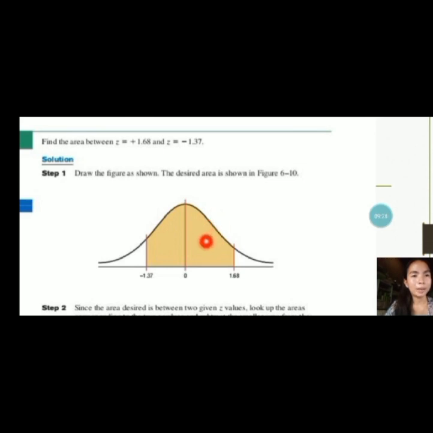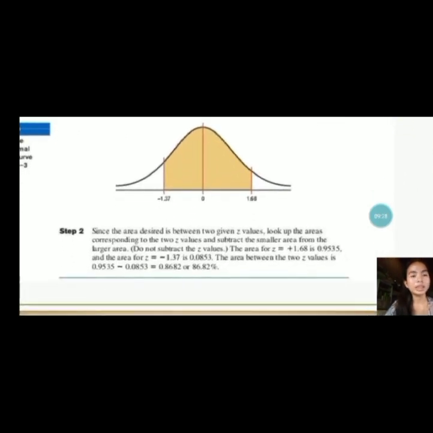So, since the area desired is between two given values, so, subtract the smaller area from the larger. So, ano siya? Dili ni mo minus ang positive 1.68 ug ang negative 1.37 dili. Kung saan may equivalent sa 1.68.